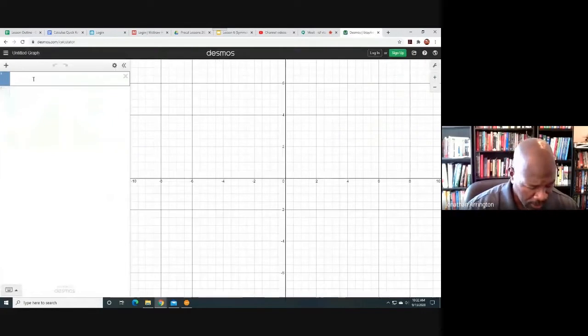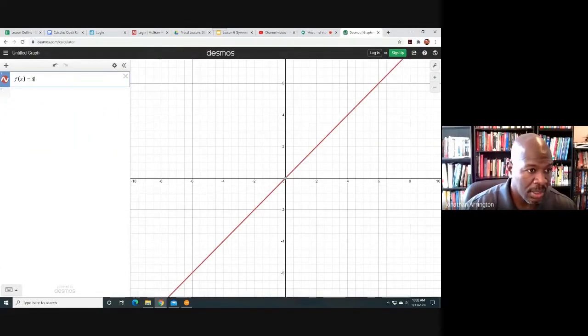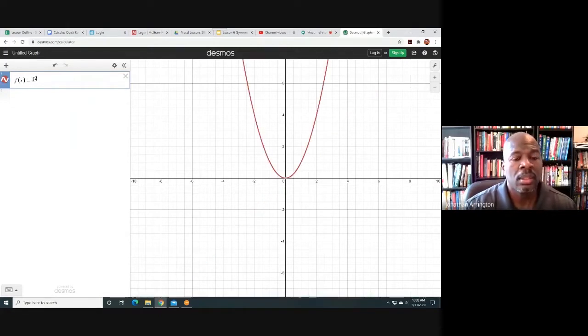All right, and so I'm going to graph what we just looked at, f of x equals x squared. So that's the graph of that function. In fact, this is a parabola, so you've been taught for a very long time that the graphs of parabolas look like this. But in fact, x to any even power is going to look like this.